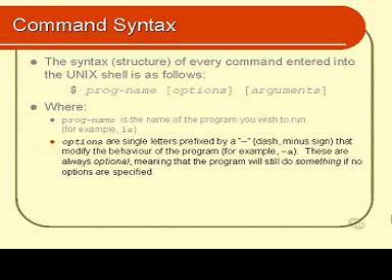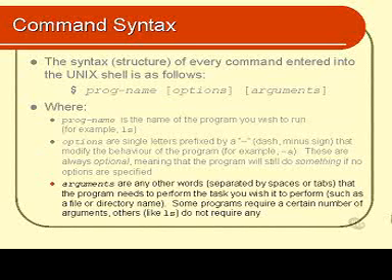All options are prefixed by a dash, or a minus sign if you like, and any option that you specify modifies the behavior of the program that you're running. Options are, as the name would suggest, optional, meaning the program will still run if you don't provide any options, but using the options will modify the behavior of that program. So instead of just typing ls, you could type in ls space minus a.